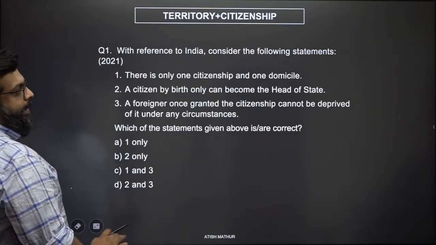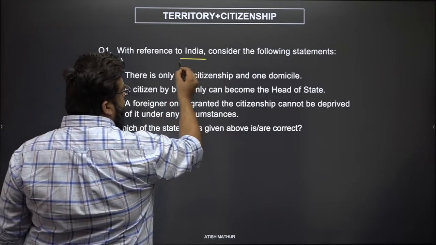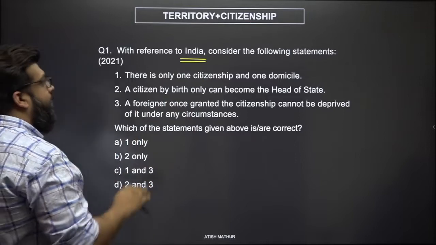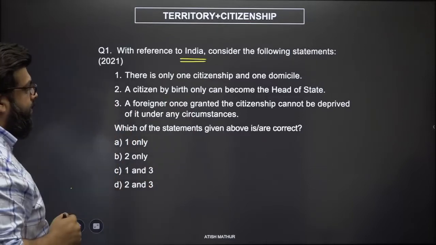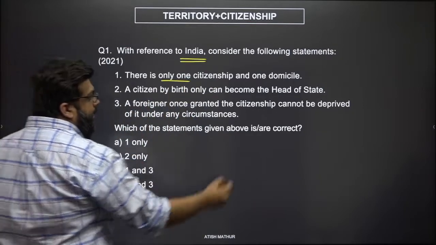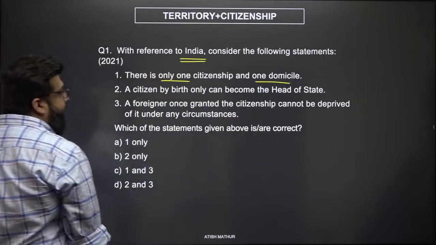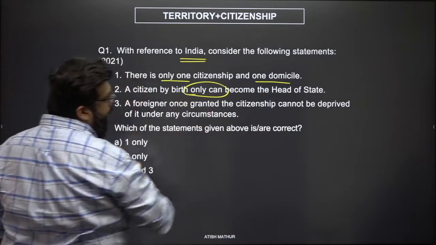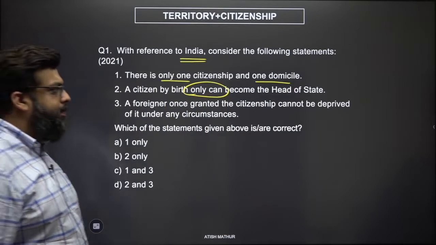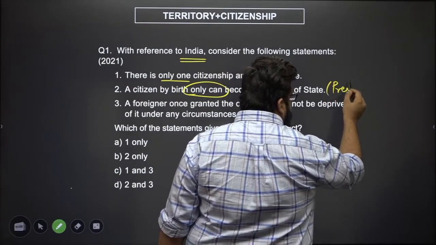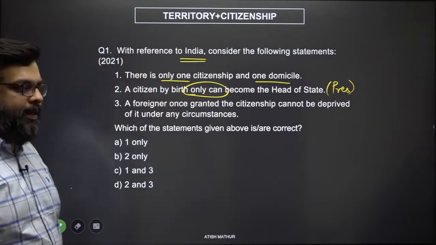With reference to India, which means it's talking about India, it's not referring to the Constitution, which is also a part of India. Consider the following statements. There is only one citizenship and one domicile. A citizen by birth only can become the head of the state, which is the president, which means only a person who has citizenship by birth can become the president.